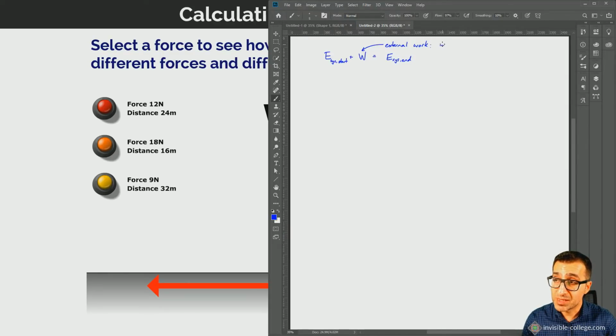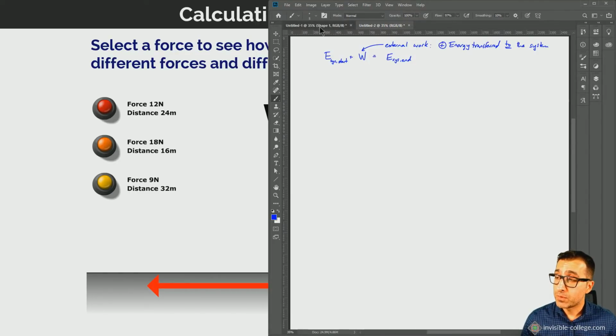It can be positive external work, and this means energy transferred to the system from the surroundings or from some other system. Now what this means is that the value of W in that case is going to be positive.